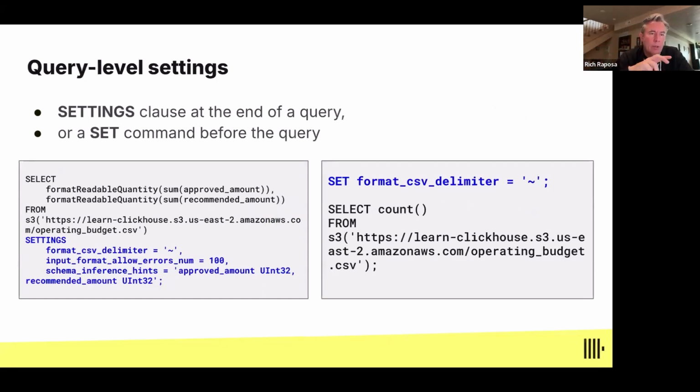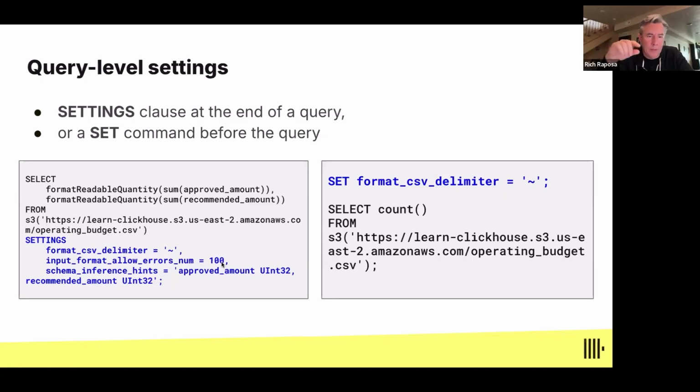This slide shows the query level settings that you can set either way. This is very typical to write a query. So I'm querying a file in S3 and I'm changing the CSV delimiter from a comma to a little tilde thing. And I'm saying input format allow errors number 100.